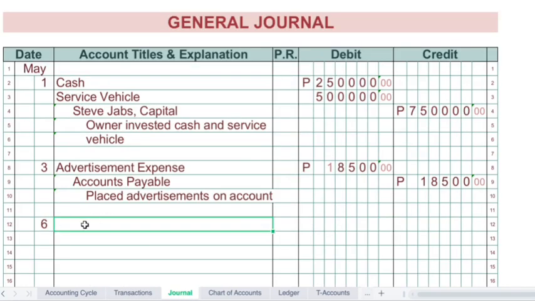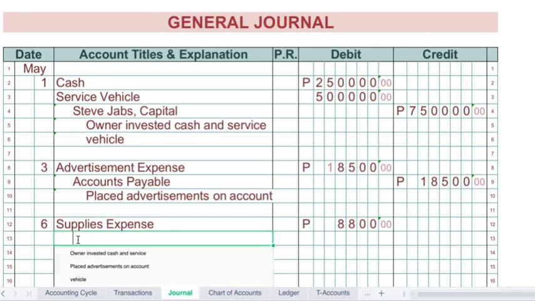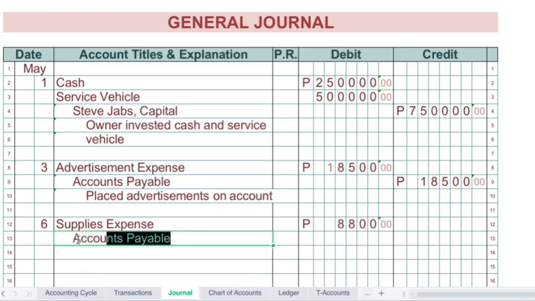We will debit supplies expense, which is 8,800. And we will credit accounts payable. So, nag-increase yung utang natin. Okay, nagkaroon tayo ng accounts payable.